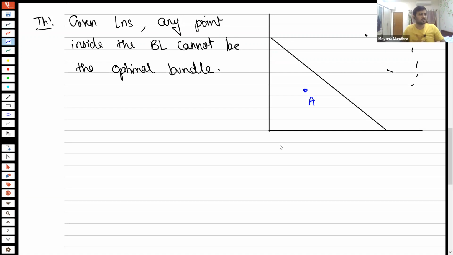Why? Because local non-satiation says that if I construct any circle around this point, you will always find another point which is strictly preferred to this point. So around A, you will always have another point A prime which is strictly preferred. So A cannot be the optima. It cannot be the maximum utility.